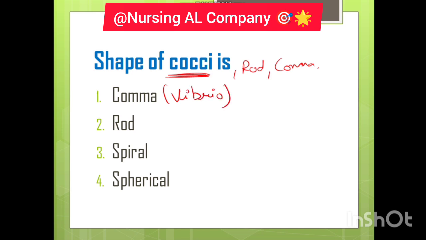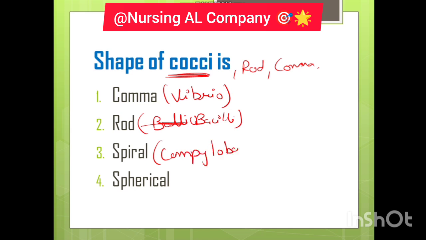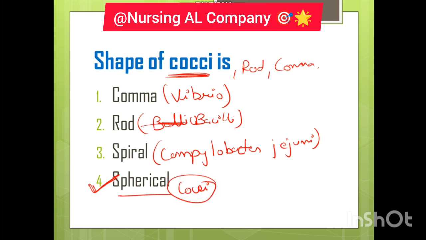For rod shape we get bacilli. And for spiral, an example is Campylobacter jejuni, and here the right answer is spiral.